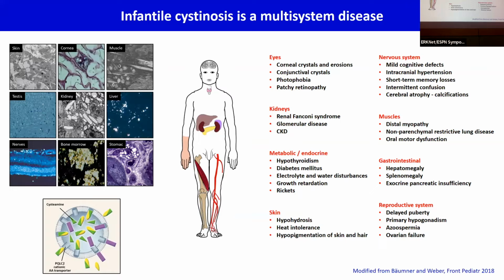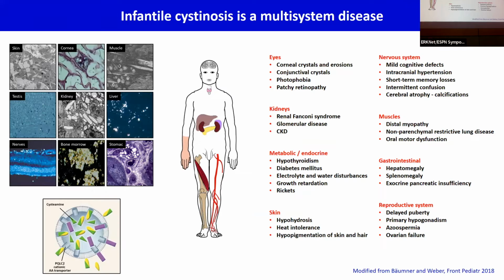As a result, cystine accumulates virtually in every tissue and very often also forms crystals and causes a variety of symptoms that involve most organs. The disease starts with the kidneys, with the Fanconi syndrome that progresses to end-stage kidney disease, and with crystals in the eyes. But as you can see, all other organs are affected.